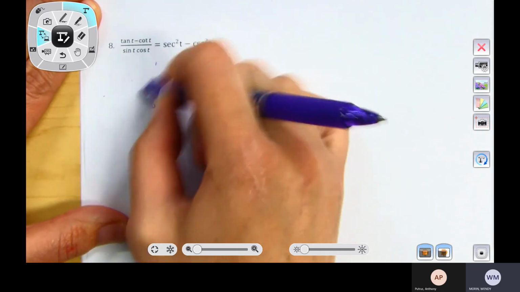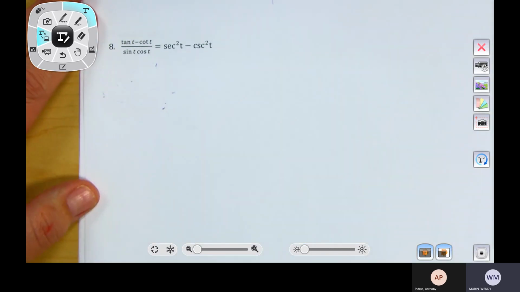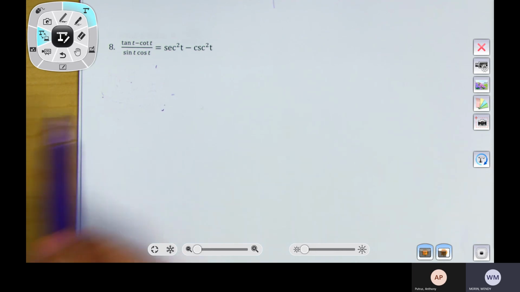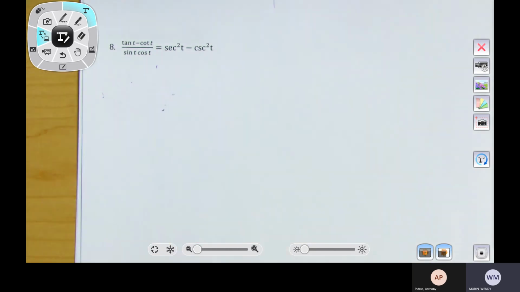Anybody else want to work the left side? Anybody? Let's stick with the left and then we'll go to the right. Anybody else want to work the left? Okay. Me. I think we've already talked about this. Can I split a fraction into 2 terms?